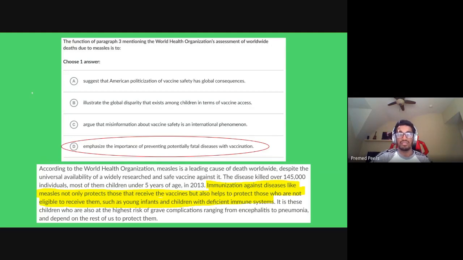So the most direct way to turn that into an answer choice would be D. The WHO's assessment is mentioned because it emphasizes the importance of vaccination to prevent disease and death.